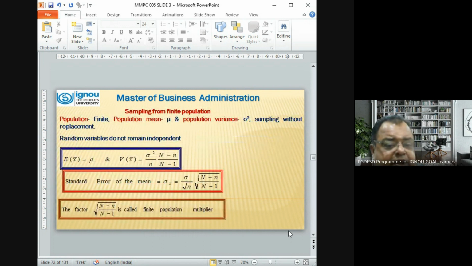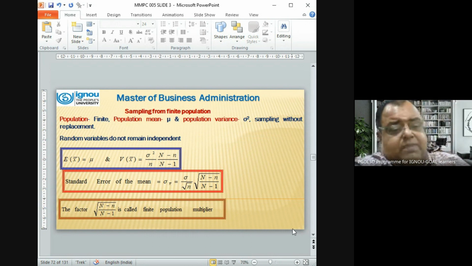Now the population is finite. The population mean is mu and the population variance is sigma square, and sampling is without replacement. Earlier it was with replacement, now it is without replacement. Now see the changes which have occurred in the formula. Here the random variables do not remain independent.